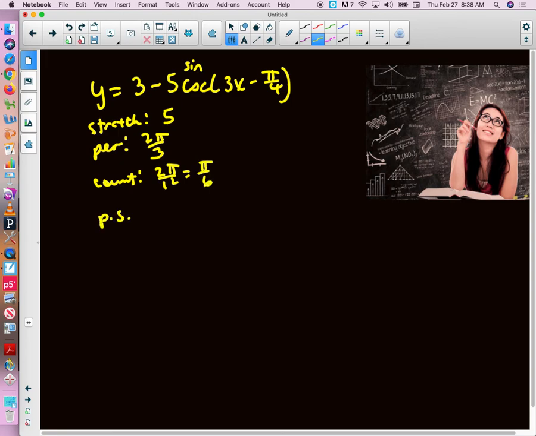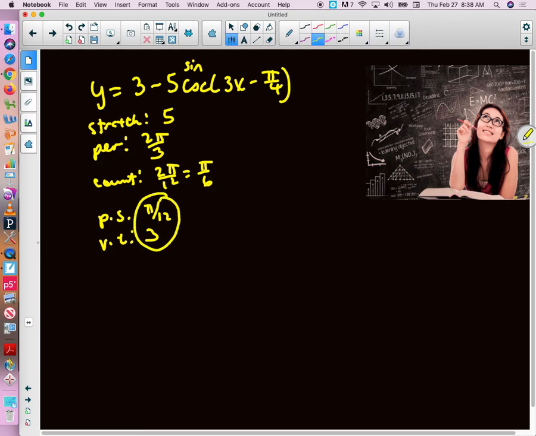My phase shift is pi over 12. And vertical translation is 3. Vertical shift is 3. All right, so this is my starting place.